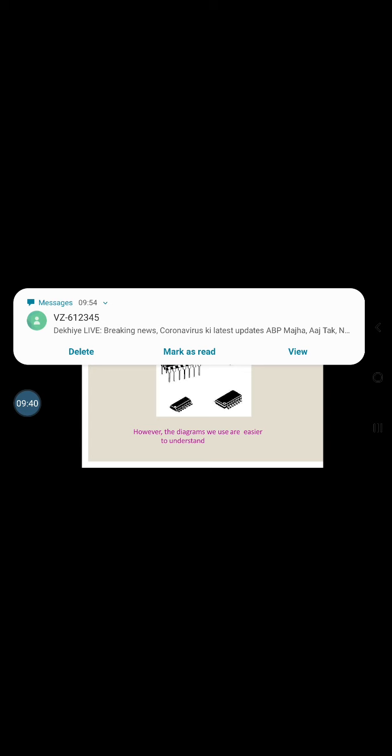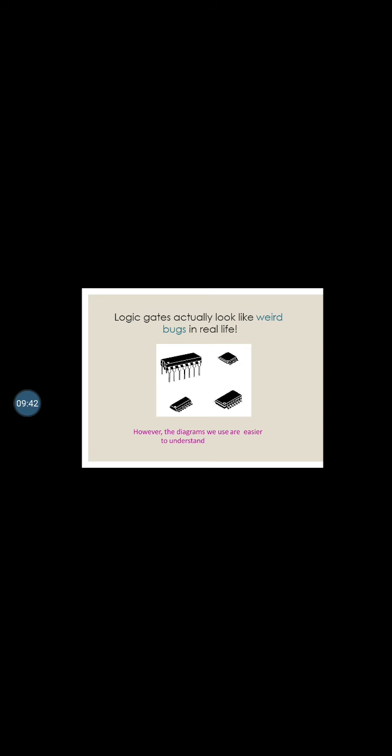This is the actual circuit or pin diagram, which will actually look like an IC. These diagrams are easier to understand. Thank you and good learning.